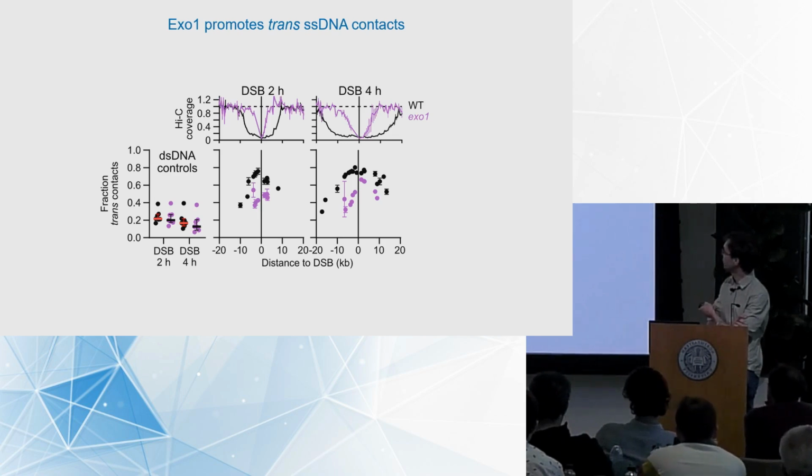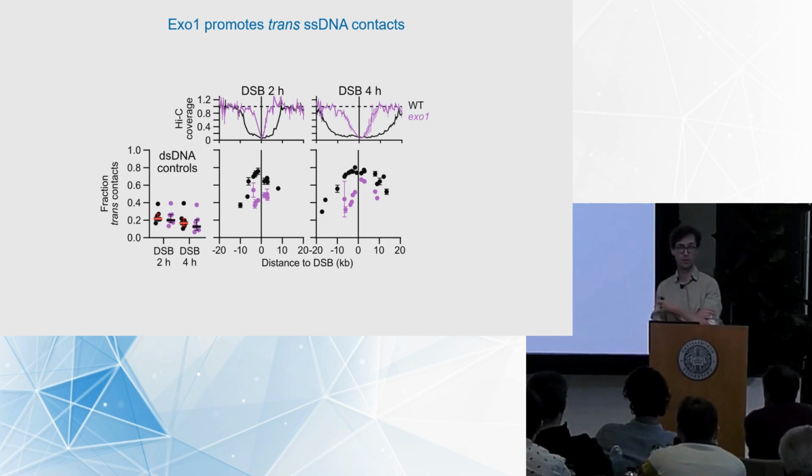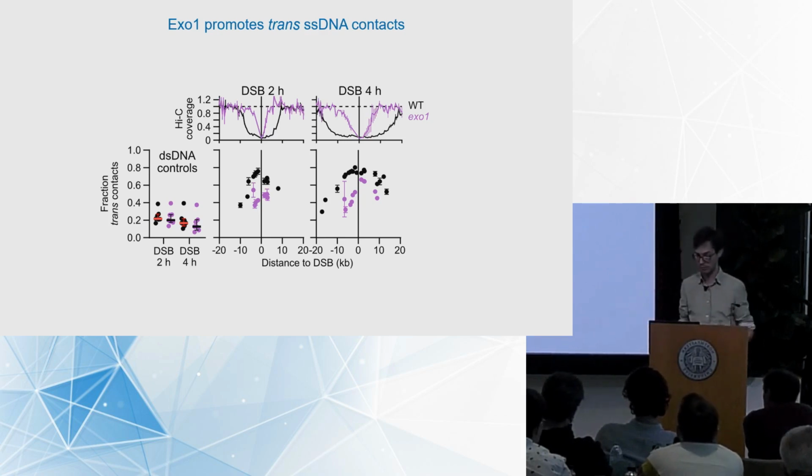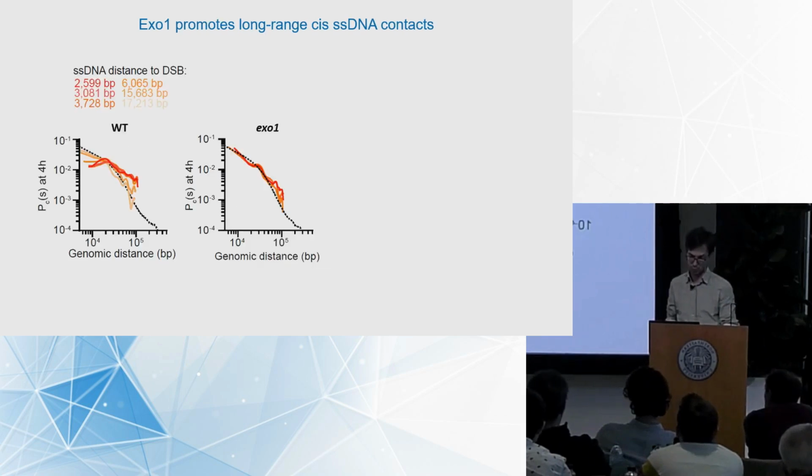And what you can see is that the distribution of trans contact is also strongly reduced. So long-range resection in the field has always been sort of a question: why do you need to generate so much single-strand DNA? But this shows that it is actually required to assemble at least one long filament of Rad51 that is going to be able to look long-range.